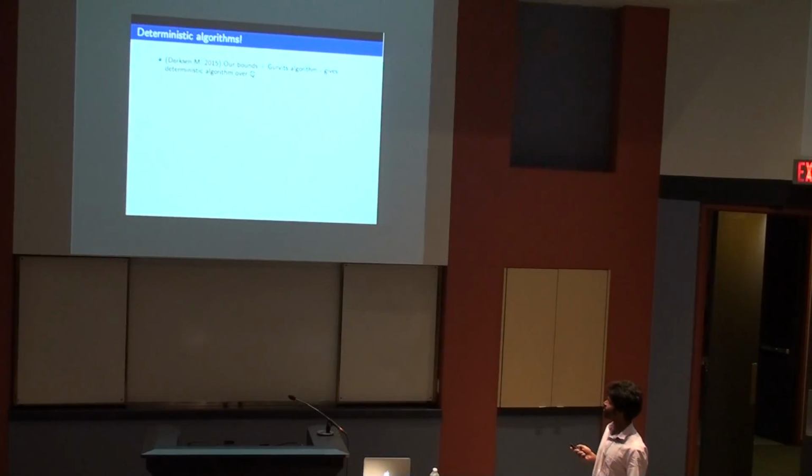So one of these algorithms is you can take our bounds and use an algorithm of Gurvits. What Gurvits does is he takes a bunch of matrices, comes up with something called a completely positive operator, and he has some measure of how far it is from doubly stochastic, and then he has some way of trying to modify his operator to get to doubly stochastic by a series of normalizations left and right.